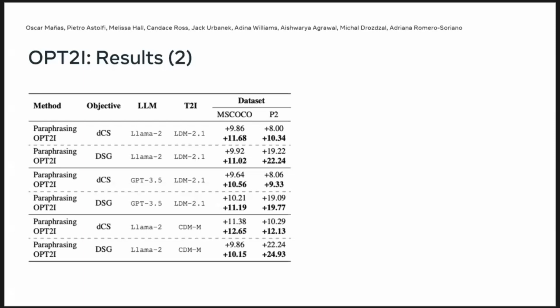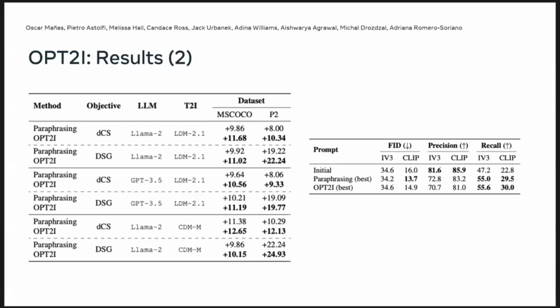This is the VQA-based scoring function that I showed a couple of slides back. And then we also consider as objective or scoring function the decomposed CLIP score. So it's a version of the CLIP score that focuses on the objects that must appear in the scene. And we report results again for MS COCO and Parti Prompts datasets, and those are the improvements that we achieve over the baseline, which is using the user-provided prompt as input to the text-to-image model.